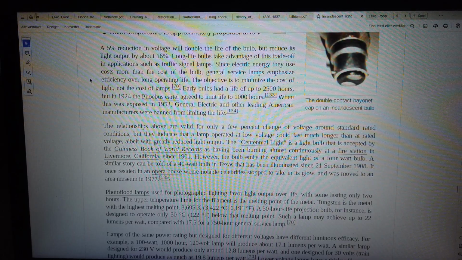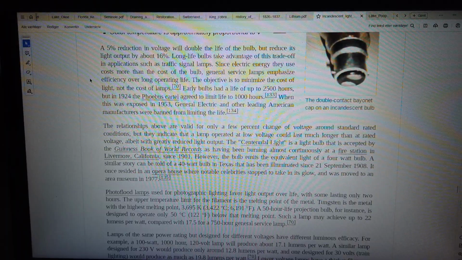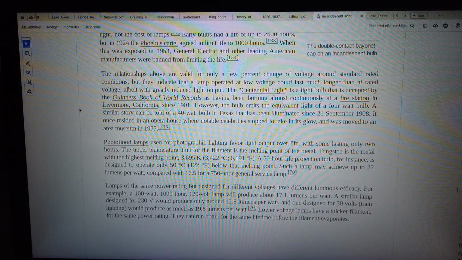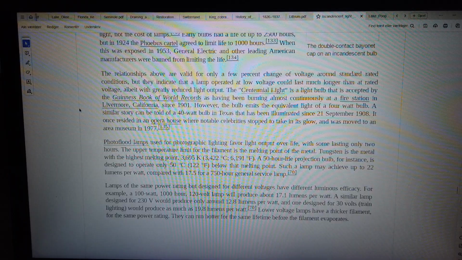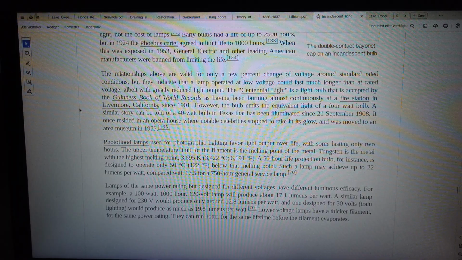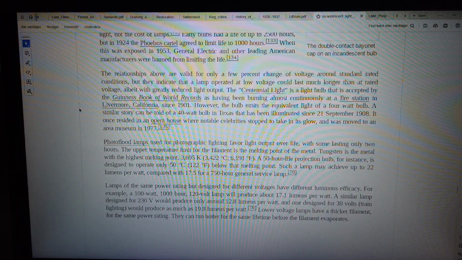The relationships above are valid for only a few percent change of voltage around standard rated conditions, but they indicate that a lamp operated at low voltage could last much longer than at rated voltage, albeit with greatly reduced light output. The Centennial Light is a light bulb that is accepted by the Guinness Book of World Records as having been burning almost continuously at a fire station in Livermore, California, since 1901.